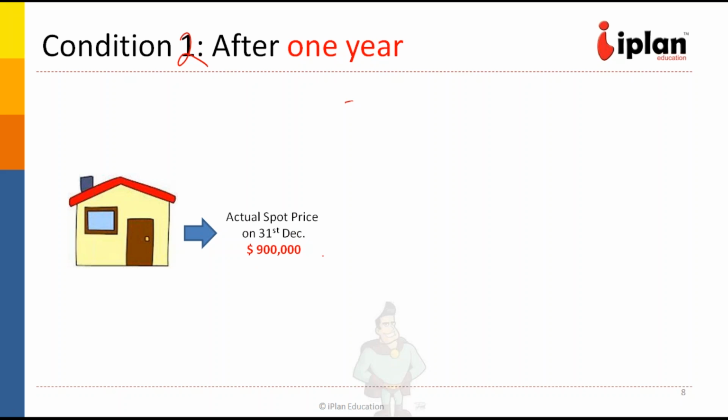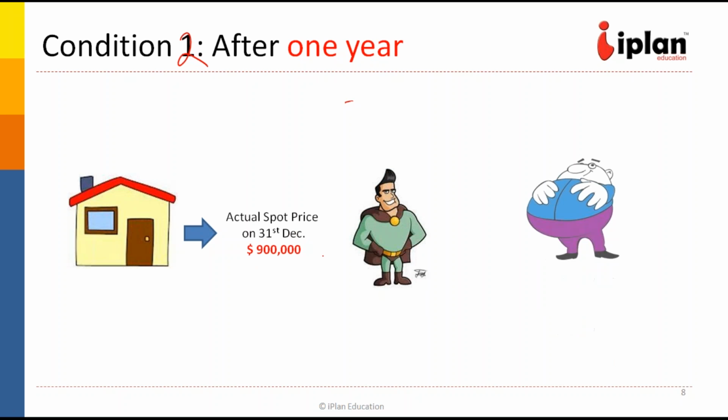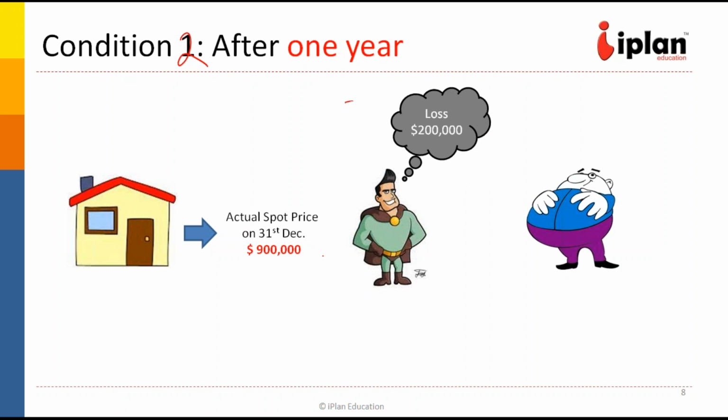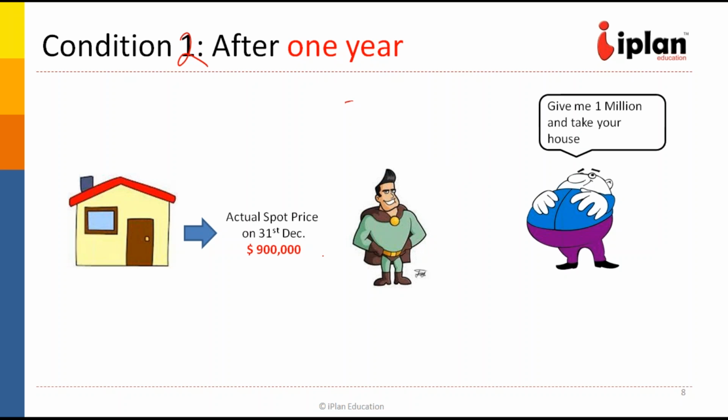In that situation, you are incurring a loss of 200,000. Why? Because the seller is asking for the remaining 1 million. You have already paid 100,000. The buyer says, no, I cannot buy, I'll face losses because the market price is much cheaper now.